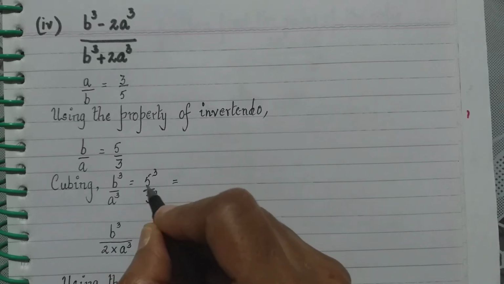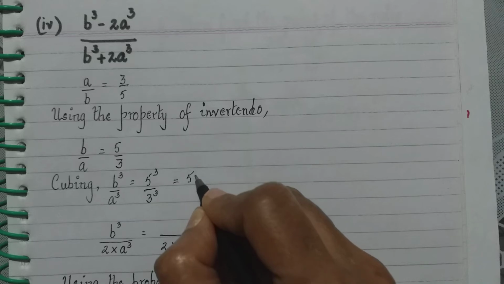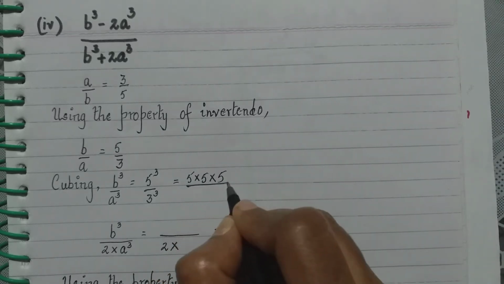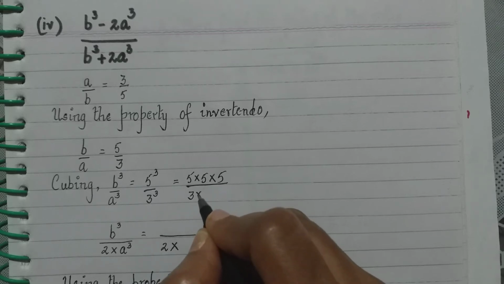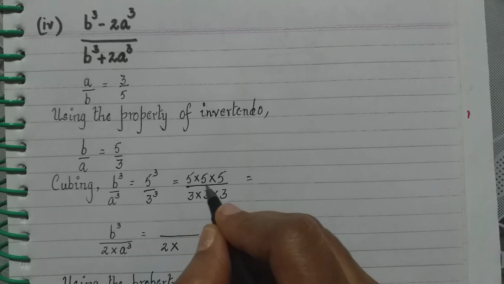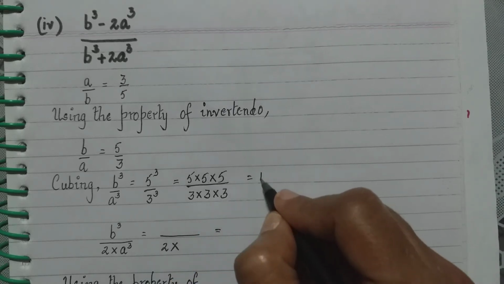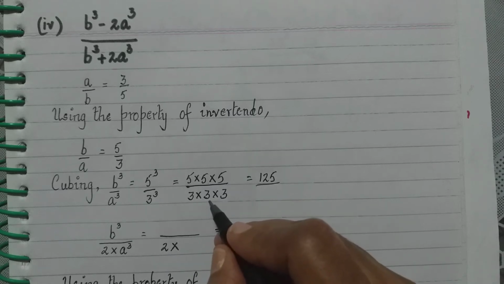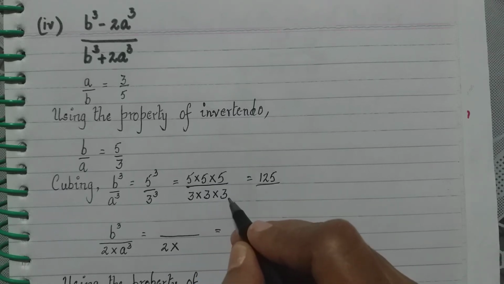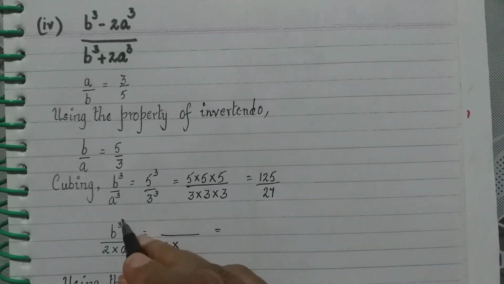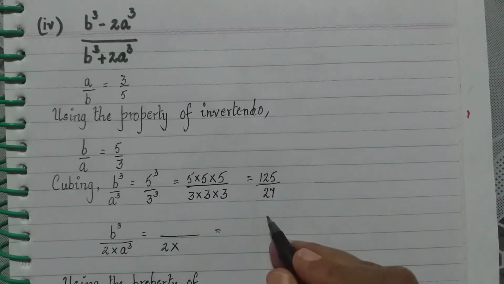So 5 cube is 5 into 5 into 5 upon 3 cube, which is 3 into 3 into 3. Now 5 into 5 is 25. 25 into 5 is 125. So 125 upon 3 into 3 is 9. 9 into 3 is 27. So I get B cube upon A cube as 125 by 27.